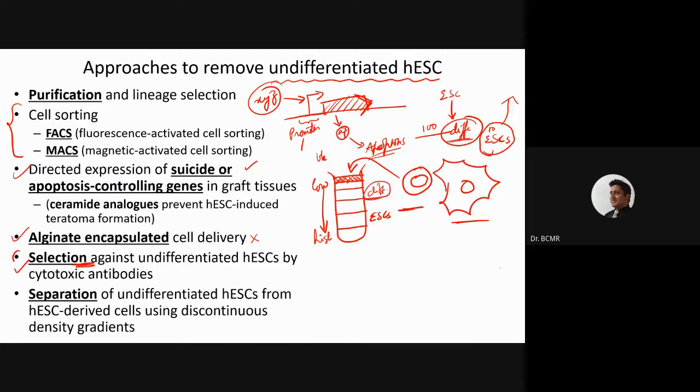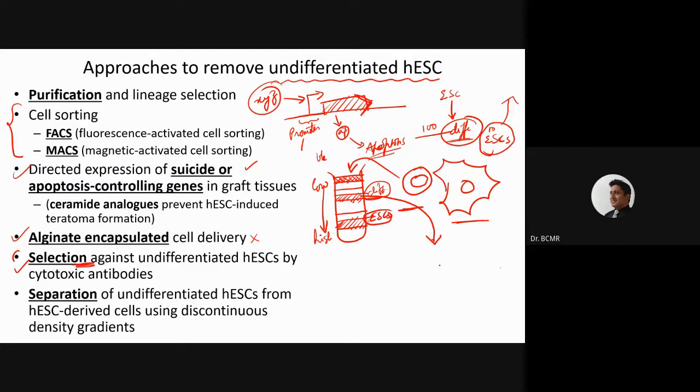So this technique is trying to capitalize on the differences in shape, buoyancy, or density. Once we have performed that, we would get the differentiated cells in one layer and the embryonic stem cells in another. Now we can collect the differentiated cells and use them for therapy. So that is another solution to the problem, which is a serious problem, right? It might otherwise give rise to teratoma.